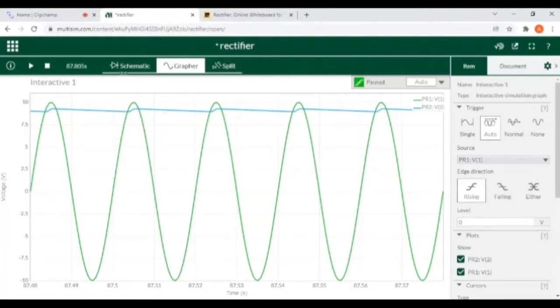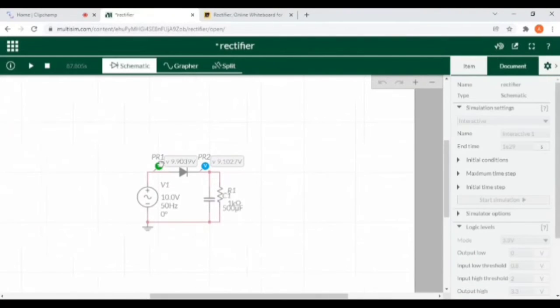And if we change the schematic or improve the circuit from a single diode to two diodes, we get rid of these ripples as well.